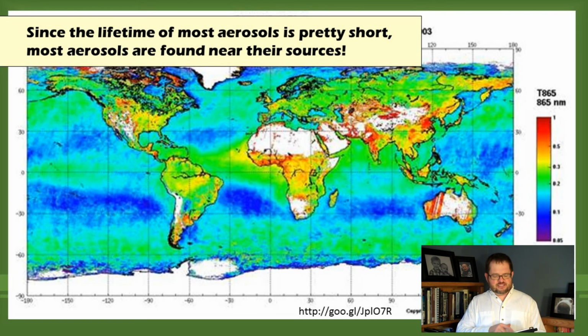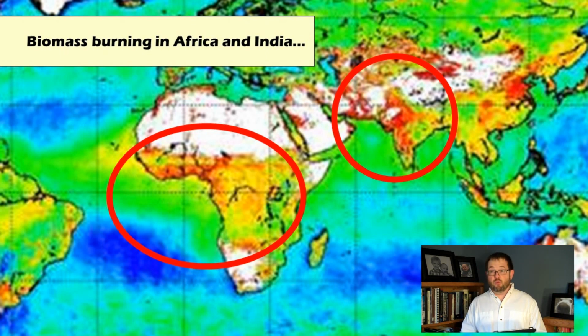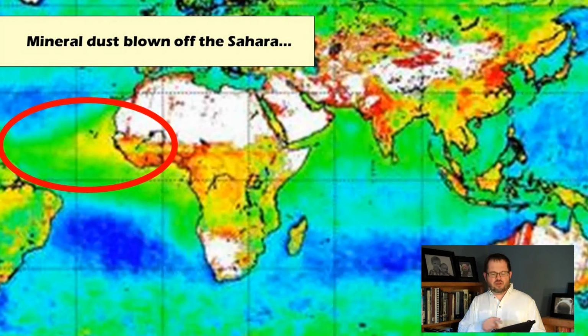But if you look for where all the red is in this diagram, one is biomass burning, principally in Africa and in India, where a large amount of burning occurs as we clear rainforests and burn the biomass, also charcoal fires and things like that. That's producing enormous burdens of aerosol in the Earth's atmosphere. If you take a look here, there's that mineral dust blown off the Sahara. See how over the ocean there's that big area right off West Africa where there's a lot of dust?